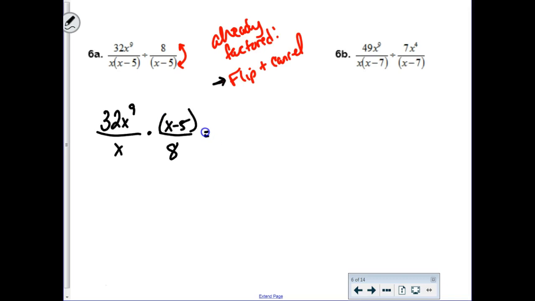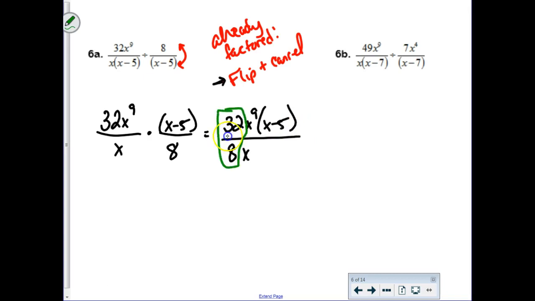Now, unfortunately, I don't really have a lot of straight cancellation, and maybe you want to do some cross cancellation right now. That's great. If you're not sure, then just kind of smush this all together. So you have 32x to the 9th times x minus 5 over 8x. So clearly the x minus 5 is there for good.